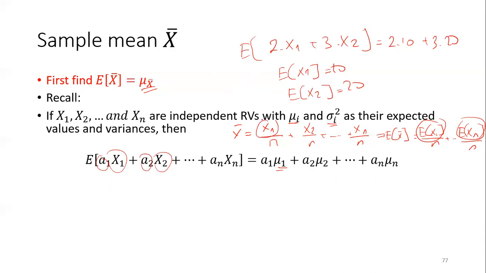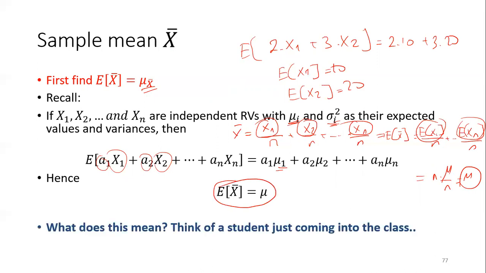And these x's come from the same population, which means their distribution is the same. Their mu and their sigma square are the same. So this is equal to, in fact, what? n times mu over n, which is equal to mu, right? So the expected value of x bar is equal to mu, right?